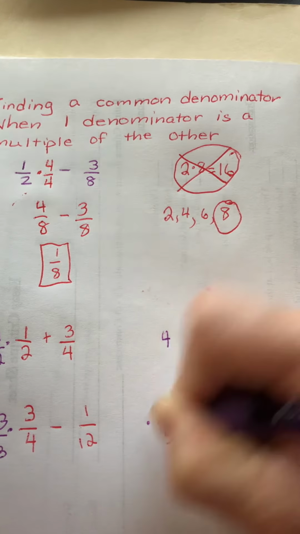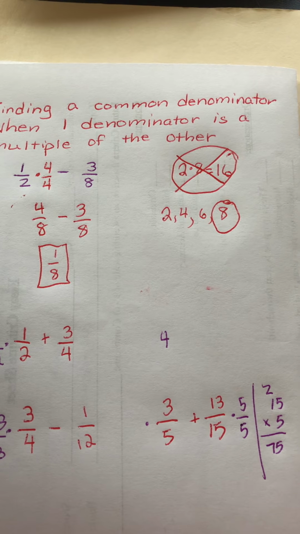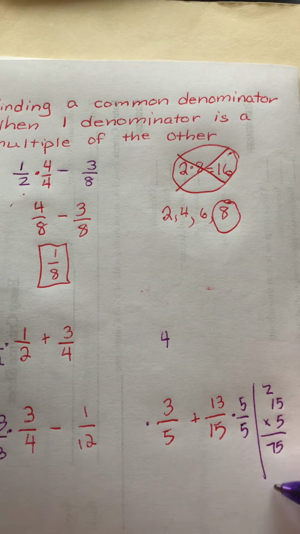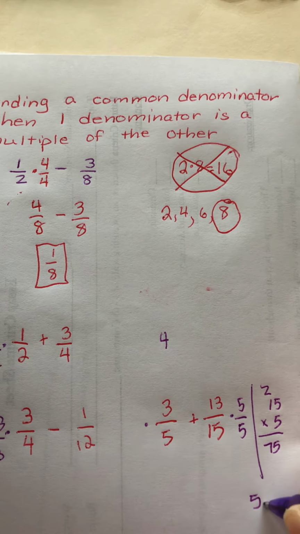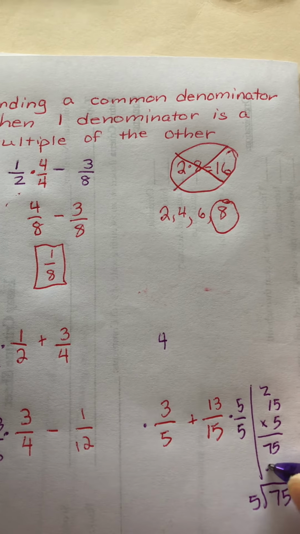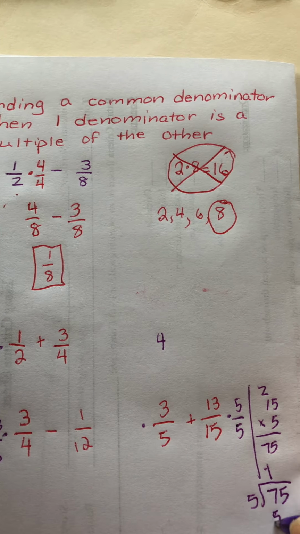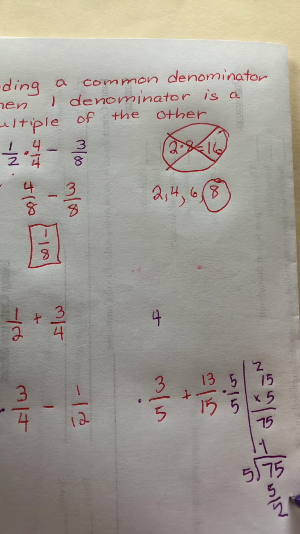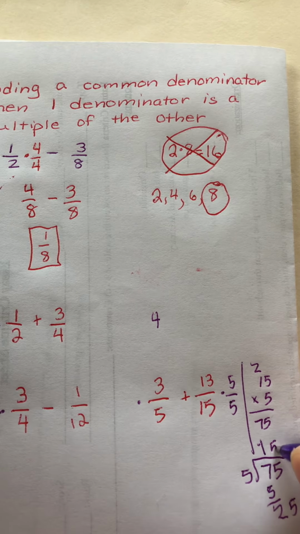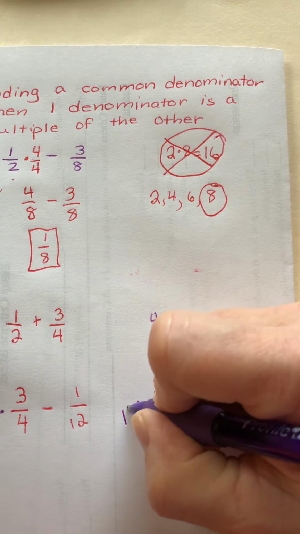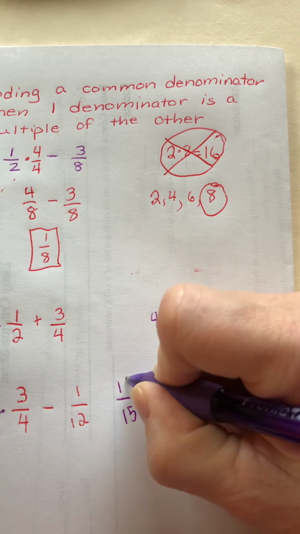And this one, well, I've got to find out how many times 5 goes into 75. So I'll do that over on the side. Okay, 15. Multiply this by 15 over 15.